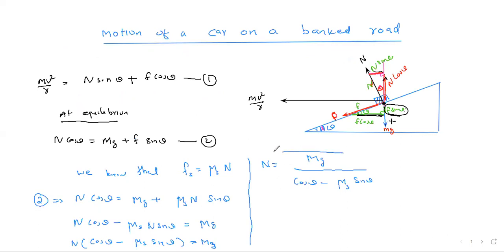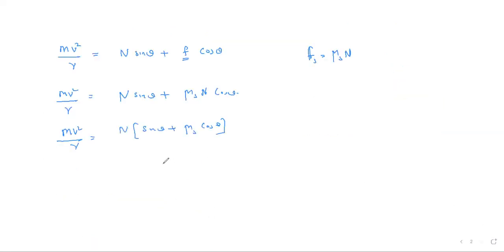We obtained the relation n equal to mg divided by cos theta minus mu s sin theta. We can replace that value. So mv square by r equal to, instead of n, we can write m into g divided by cos theta minus mu s sin theta.